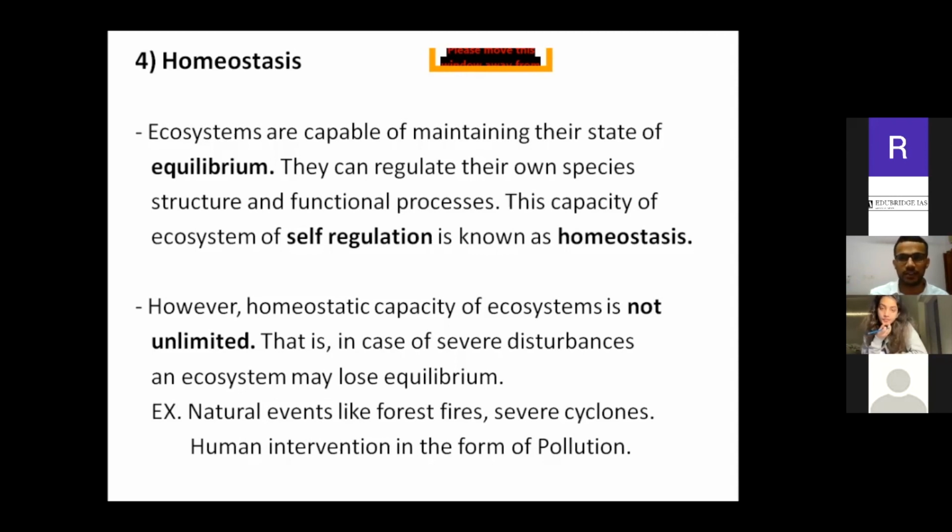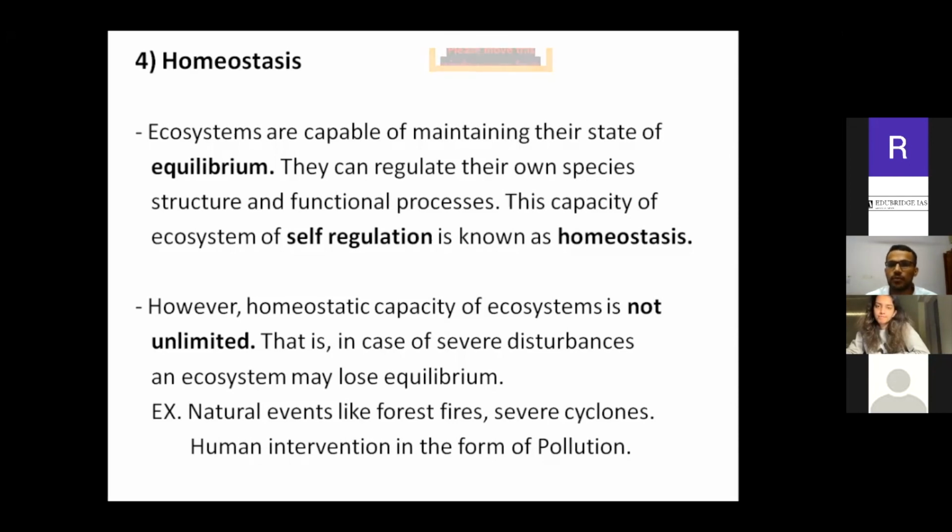And lastly, fourth, supporting services. These are the fundamental services that we receive from the ecosystem. Fine.